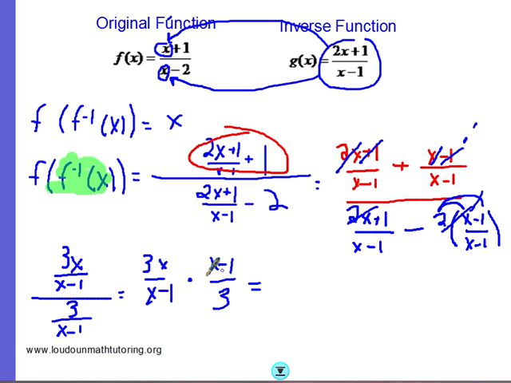All right, now when you multiply, you can either multiply these across, or because it's multiplication, you can cross cancel. The x minus 1s and x minus 1s will cancel because they're factors of both the numerator and denominator. So we're left with 3x over 3. Well, 3 is a factor of the numerator and denominator. So it turns out that when we simplify this great big complex fraction, we get x.